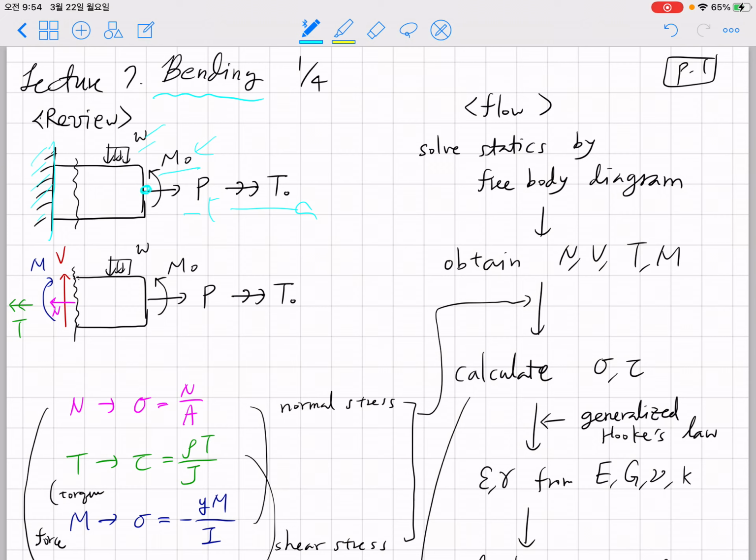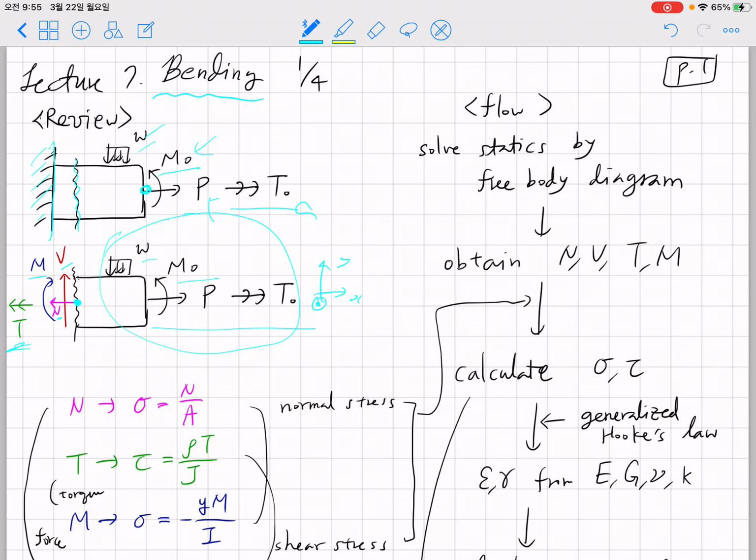Given this kind of loading, for any point of the body you can make an imaginary cut, and at the imaginary cut, with respect to the centroid point, you can define the normal force reaction N, vertical force reaction V, and moment M about the z-axis. This is x, y, and z in our notation, and torque T about the x-axis, which is torsion. So these are the 4 reactions you need to make mechanical equilibrium when you are subject to external forces and torque, which is given as this.